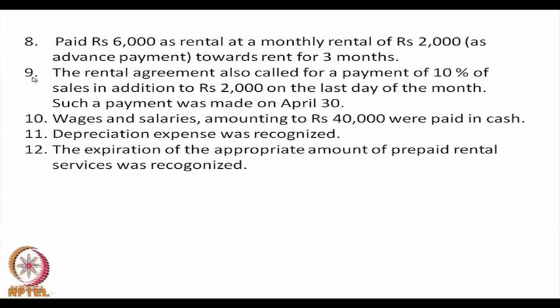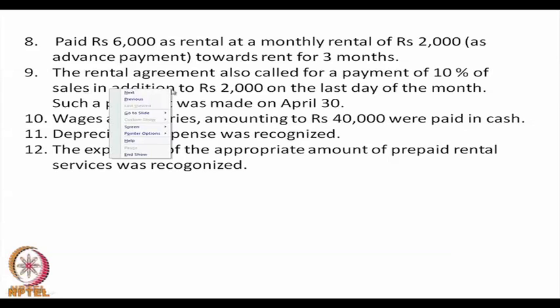In addition, in transaction 9, it says that the entrepreneur also has to pay in addition to 2,000 rupees for April and for every month 10% of the total sales that he can make in that month.